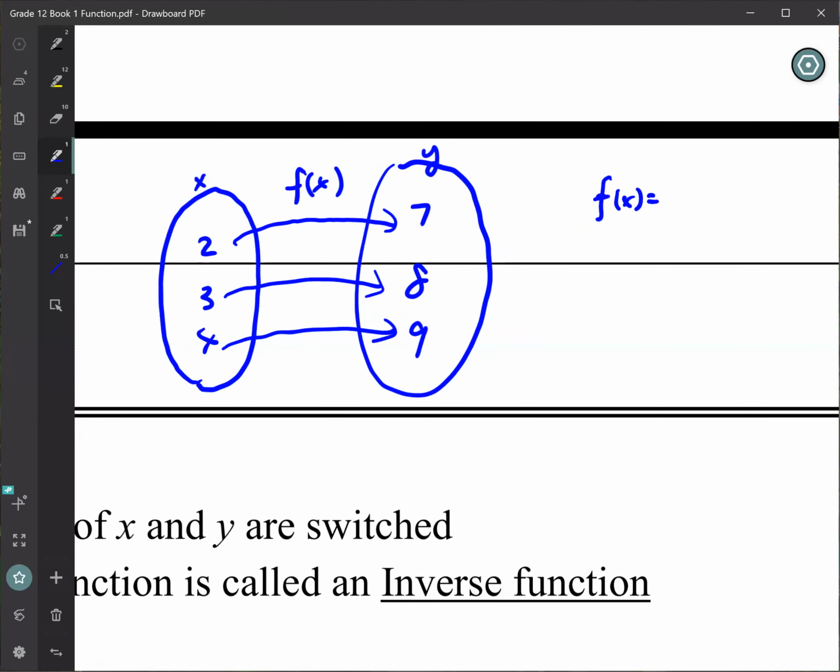Is there a pattern? So what function should we write so it works? I don't know yet. What about Cindy? x plus 5. x plus 5.